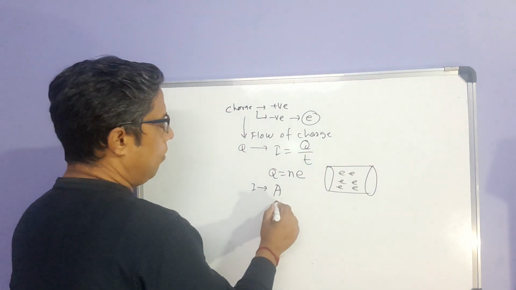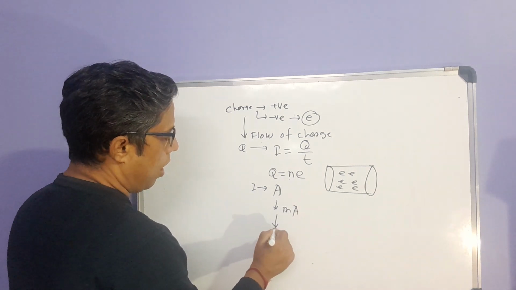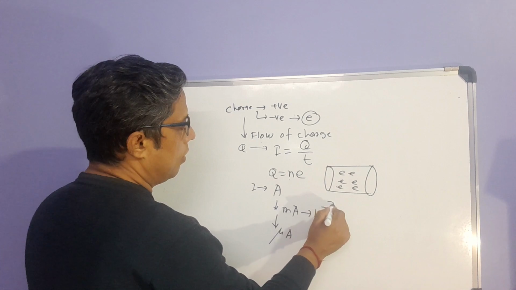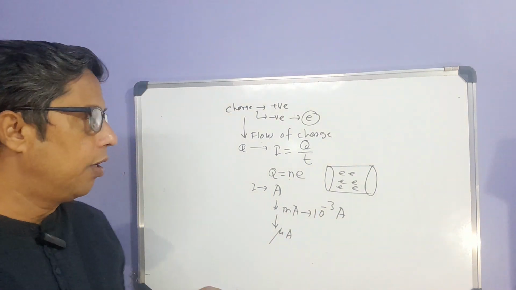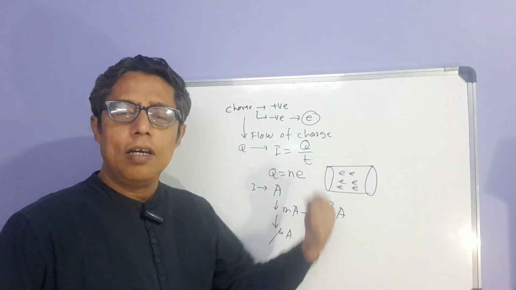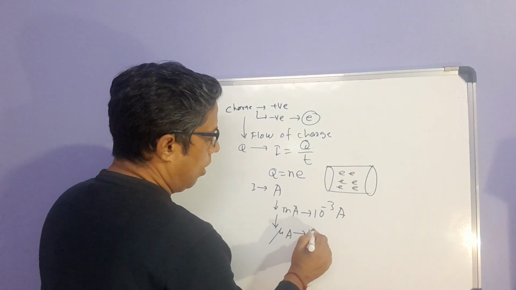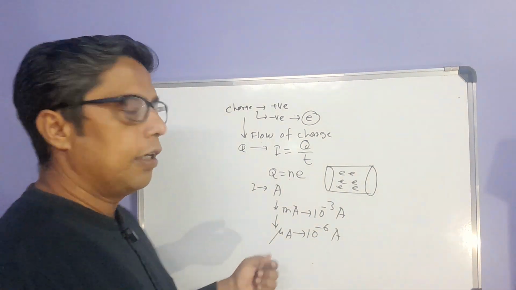The smaller units are milliampere and microampere. Milliampere means 10 to the power minus 3 ampere, and microampere means 10 to the power minus 6 ampere. These are very important when you are revising the chapter. So this is about the current.